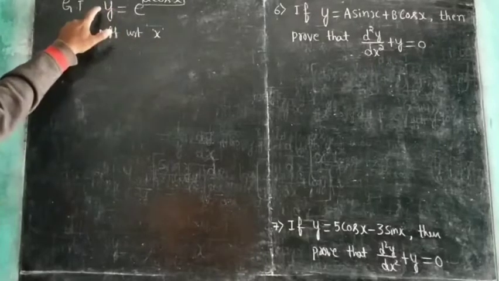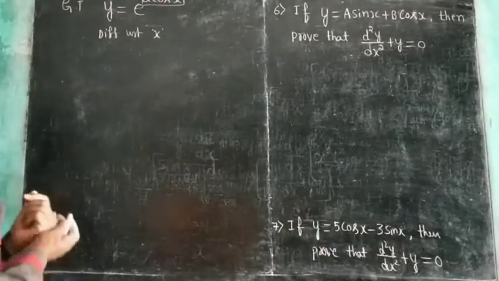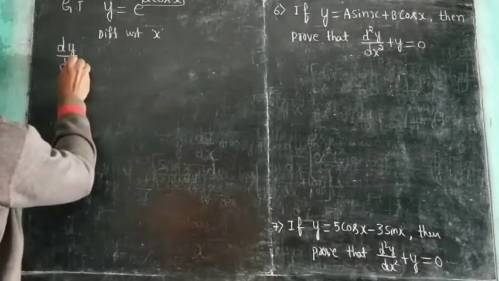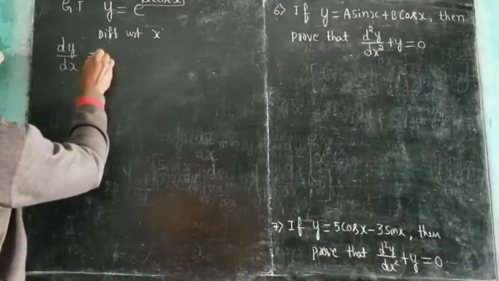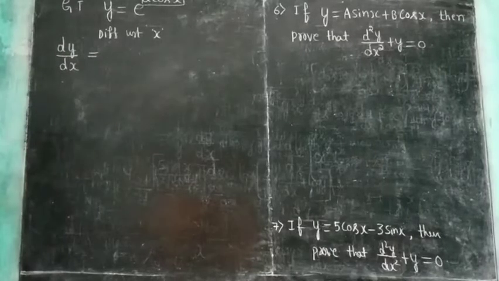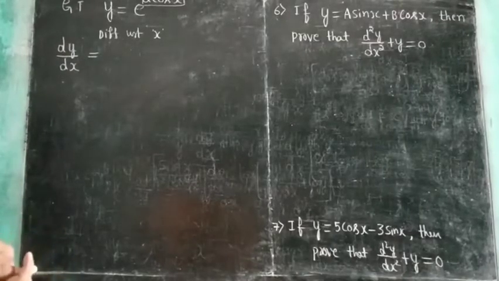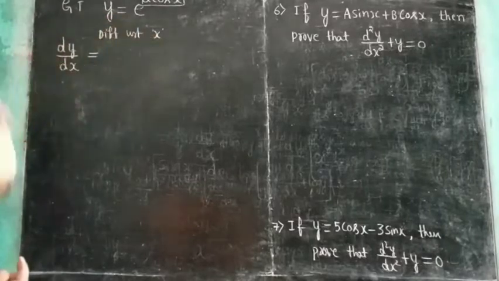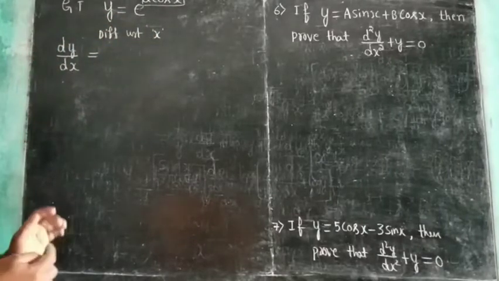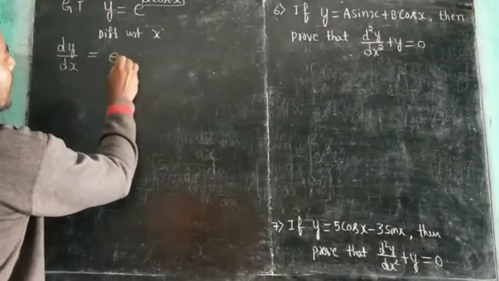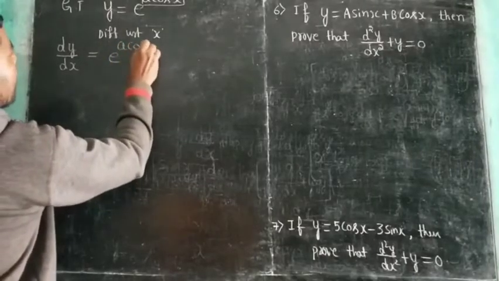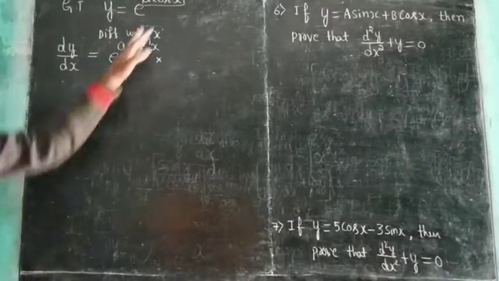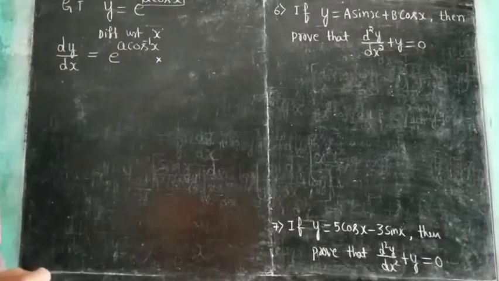The derivative of y with respect to x is dy divided by dx. What is the derivative of e power dabba? The derivative of e power dabba is e power dabba into the derivative of dabba.